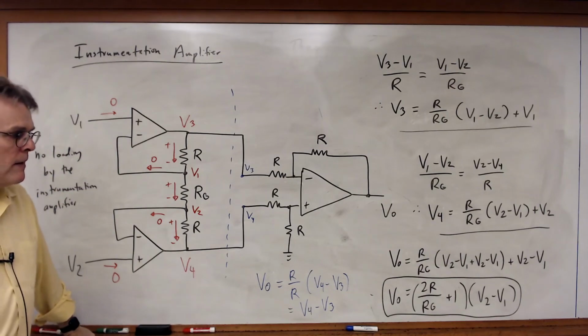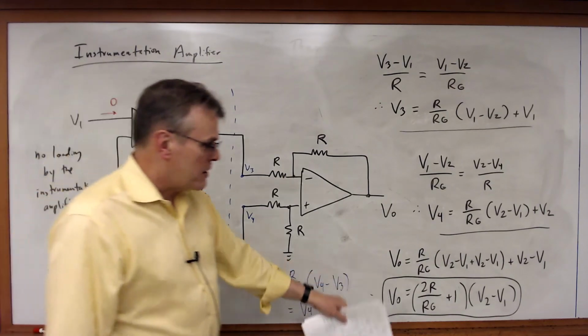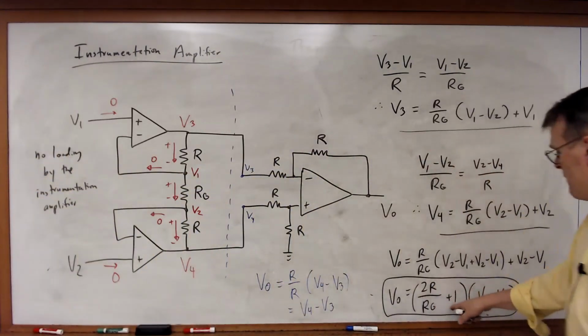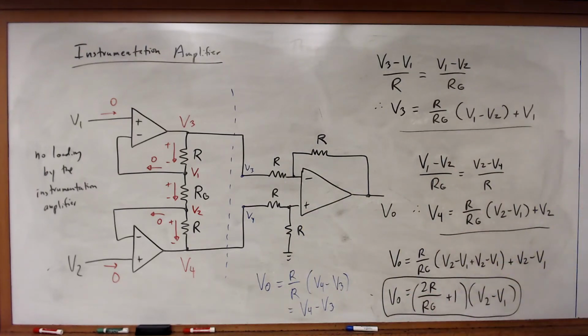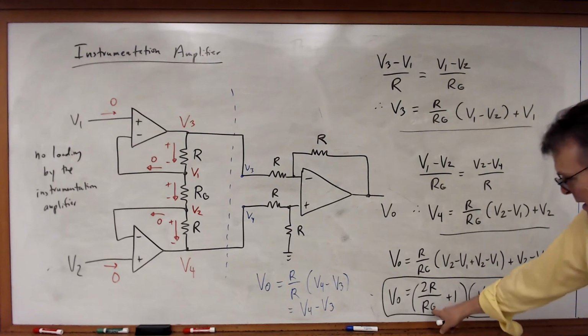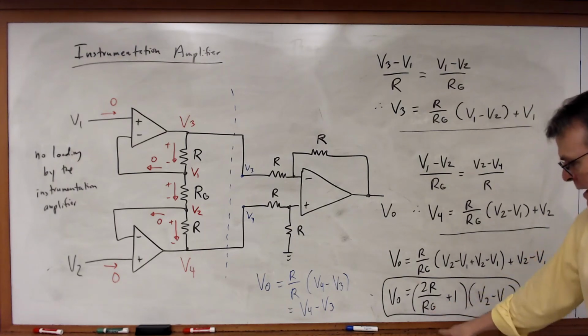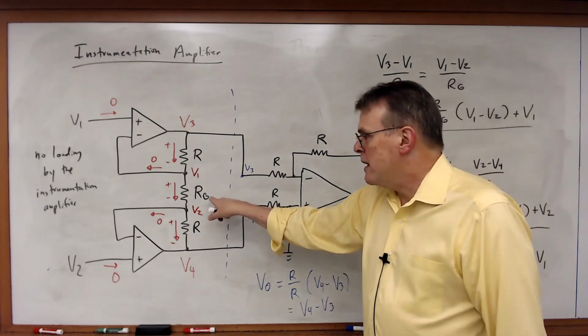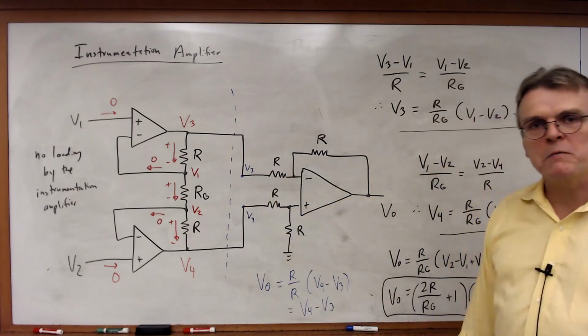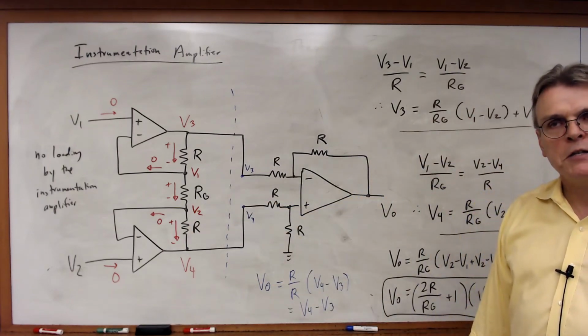Secondly, let's look at this term here. If I want to change the gain of this amplifier, how can I do that? Well, notice RG can be increased or decreased to change the gain. I really only need to change one resistor, R sub G, in order to change the gain.